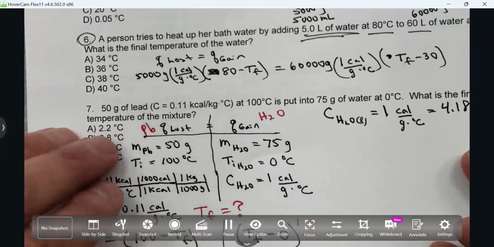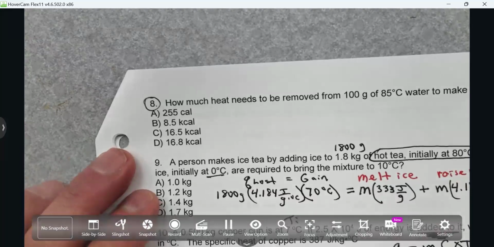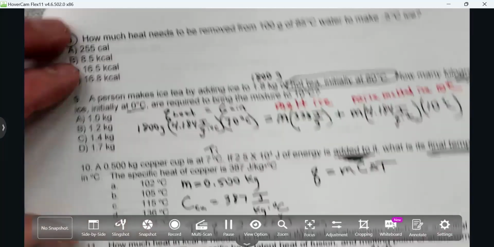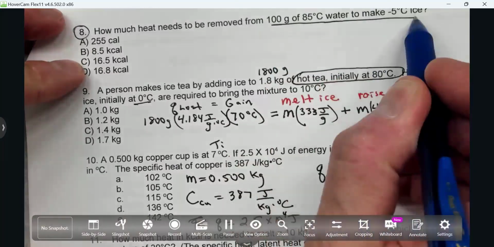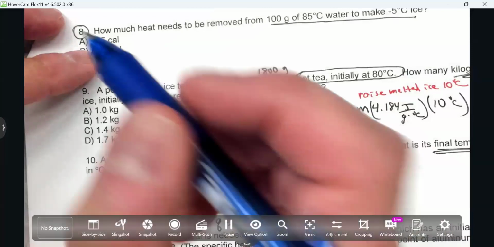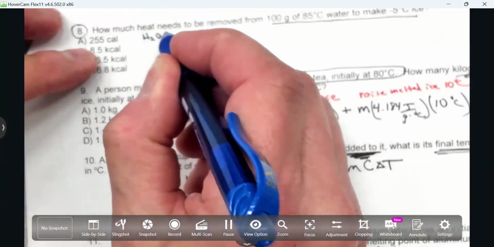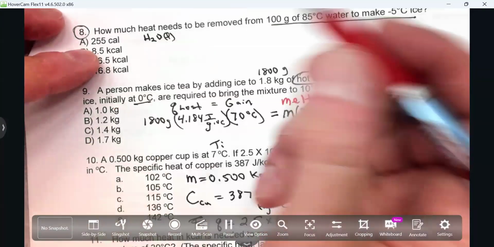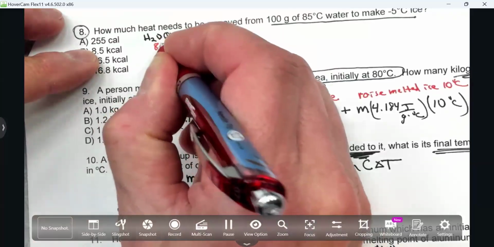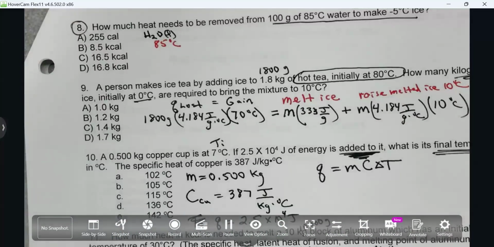All right, number 8. Okay, what do we got here? All right, so we have to take H2O liquid, we're going to freeze this to ice, and then we've got to lower the temperature of the ice as well.